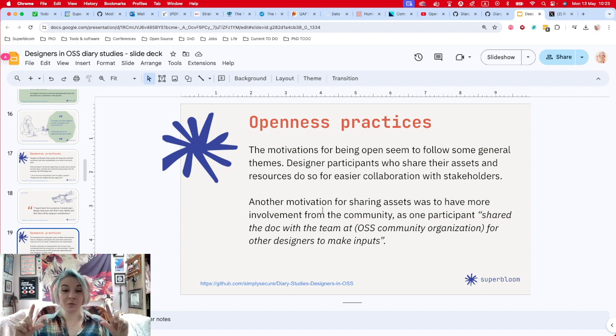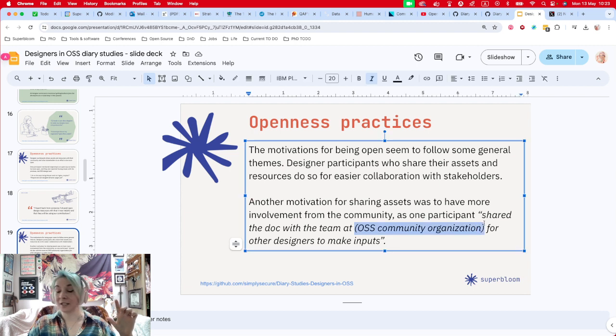So what I'm trying to do is remove that organization's name, which would have been where the bracket information is there, and I've tried to describe what kind of open source software was being contributed to. In this case, it was an open source software community related organization.